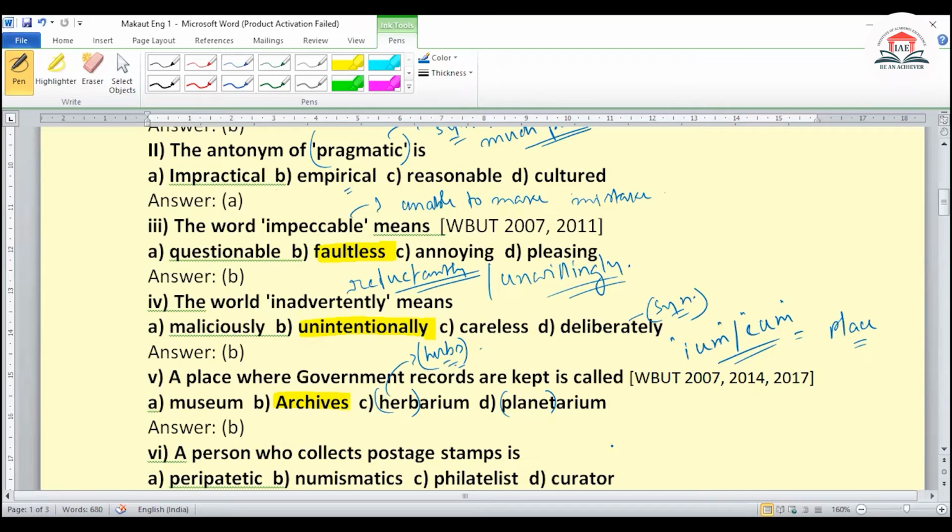Now, peripatetic. So who is peripatetic? Peripatetic is an adjective. Peripatetic is an itinerant person, right? That is a person who loves to travel, who likes to roam around, keeps moving here and there.